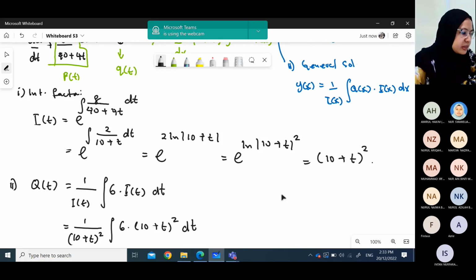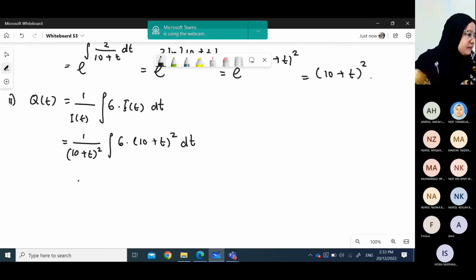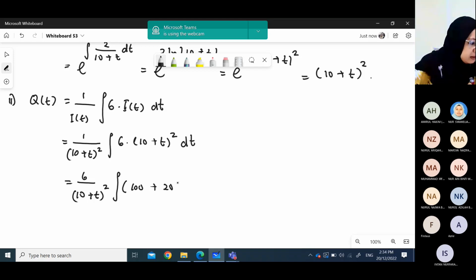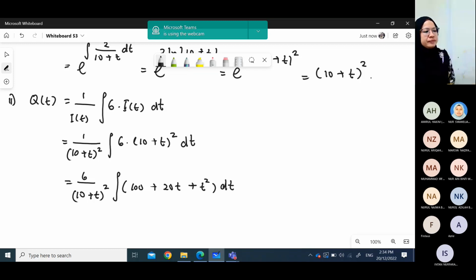Okay, so we solve for this one. 6 over 10 plus t squared, integral. This one expand. So expand inside here we have 100 plus 20t plus t squared respect to t.